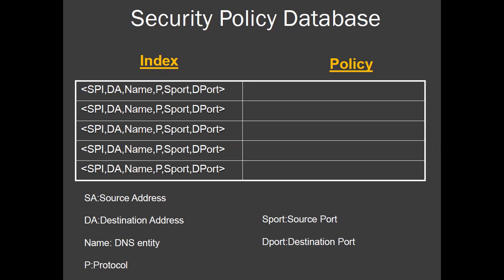Source and destination address can be unicast, multicast or wildcard addresses. The name usually defines the DNS entity and the protocol is either the authentication header protocol or the ESP protocol. The source and destination ports are the port addresses for the process running at the source and destination host.